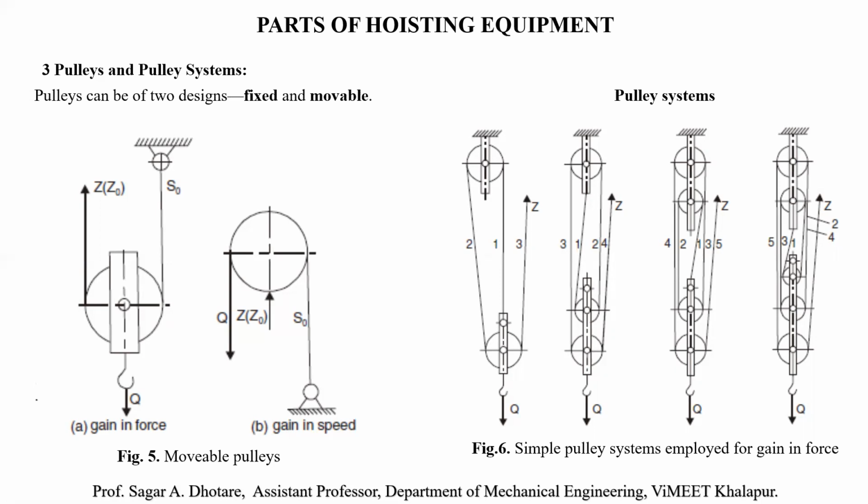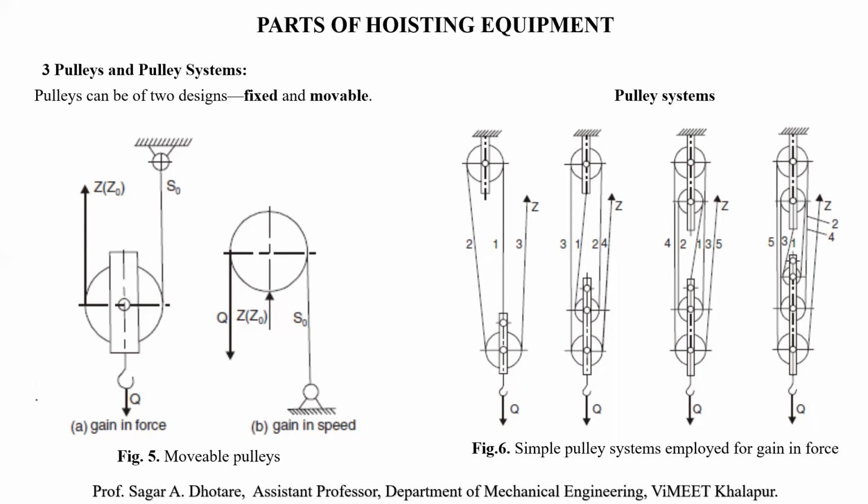When you select a fixed pulley, the pulley is fixed and the force application is shown in figure number 1, where the pulley is fixed. And when the pulley is movable, then the forces, we have to apply in both ways, on the pulley also and on the rope also.